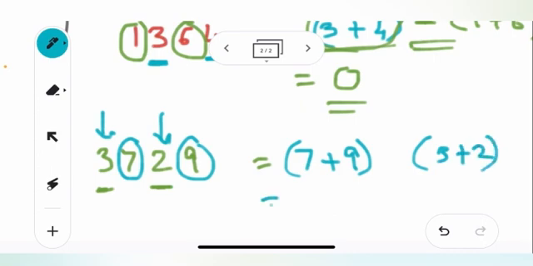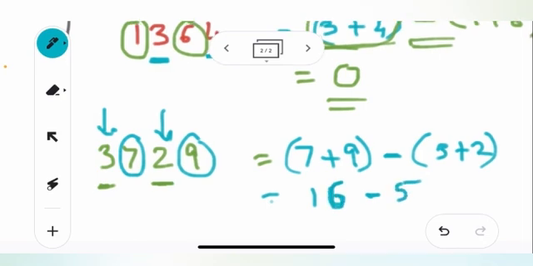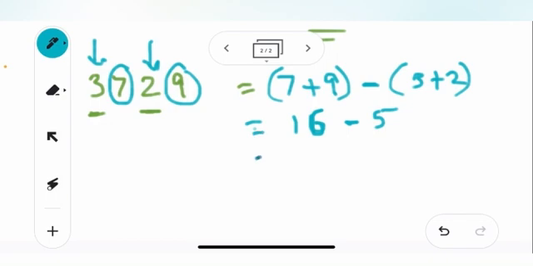So how much is this? 16 minus 5. This is 16 and this becomes 5. So when I subtract, how much do I get? I get 11. So 11 goes in the table of 11.